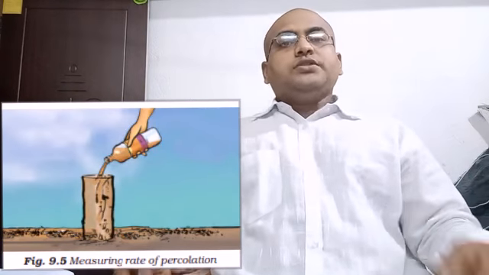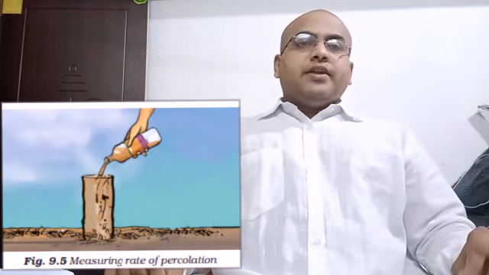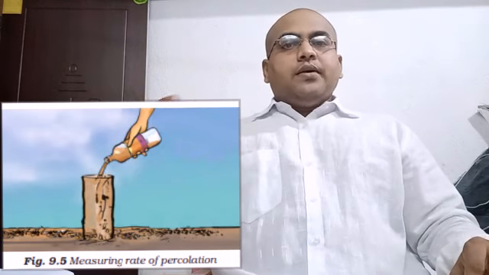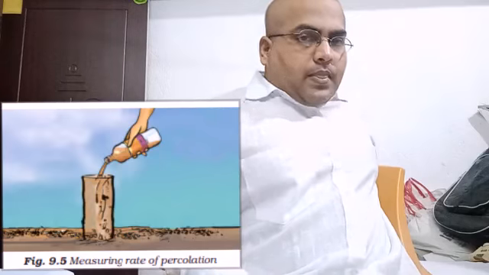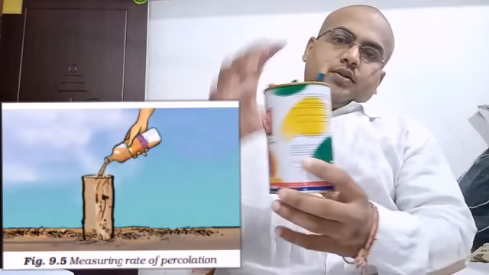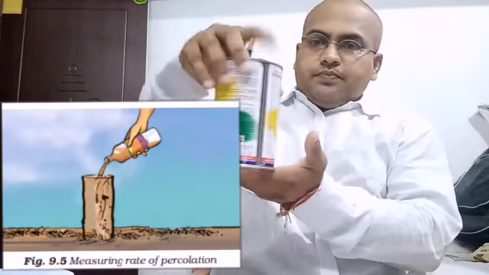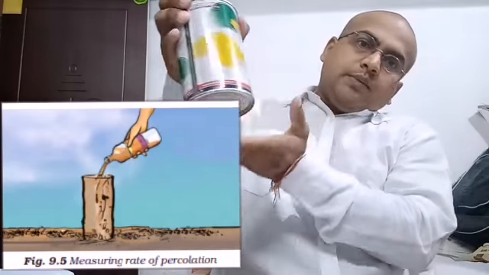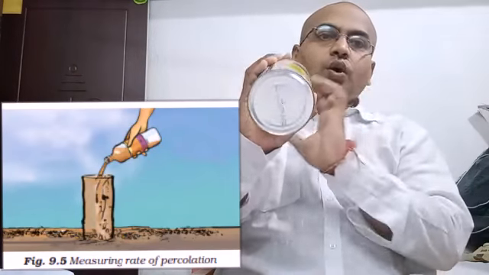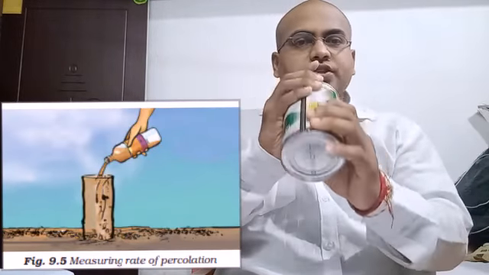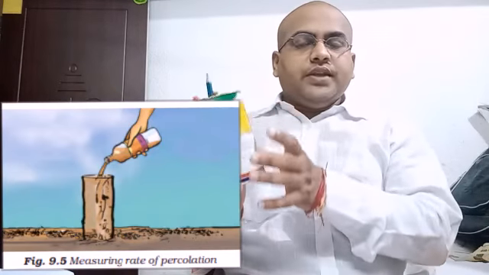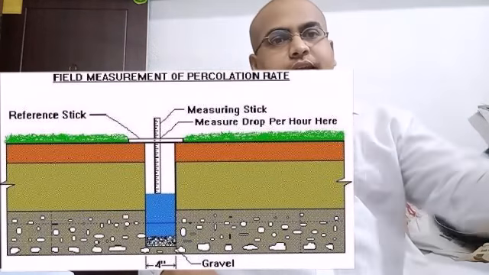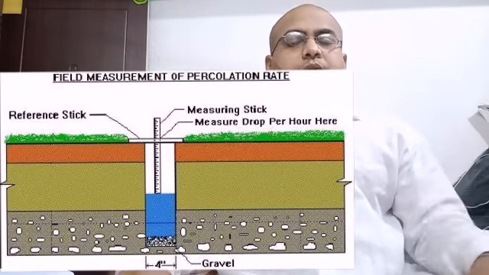In the book some help is given: you can take this type of packet and cut the bottom, so it becomes a pipe-like structure. You have to take three of these, such as a tin can, and then it will become a pipe.